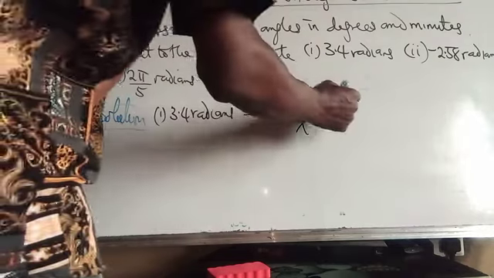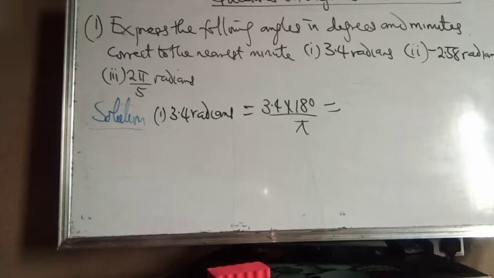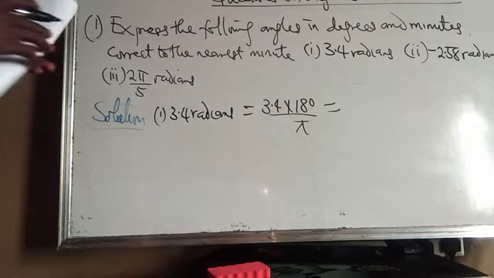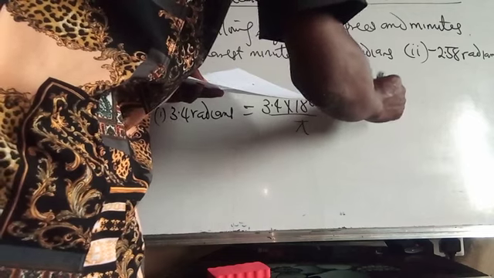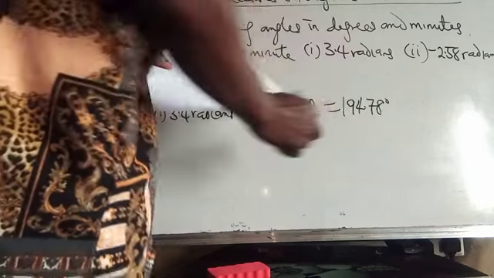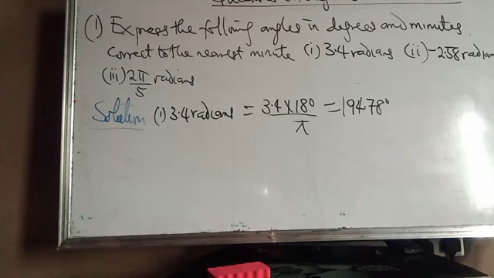Don't forget your pi is 3.142. So if you multiply 3.4 by 180 and divide by 3.142, you are going to have 194.78 degrees. So we have gotten the degree version of 3.4 radians.